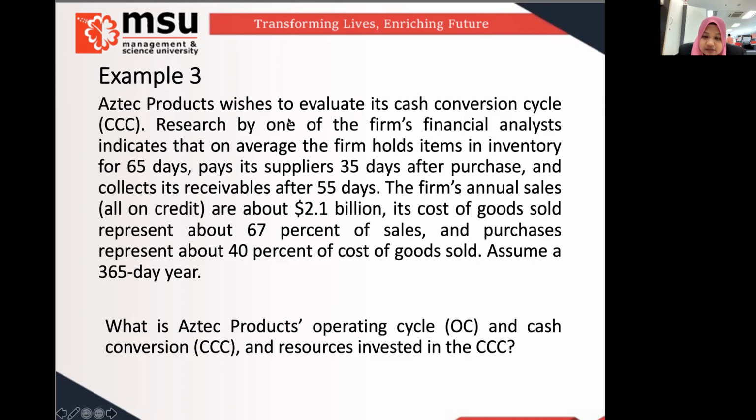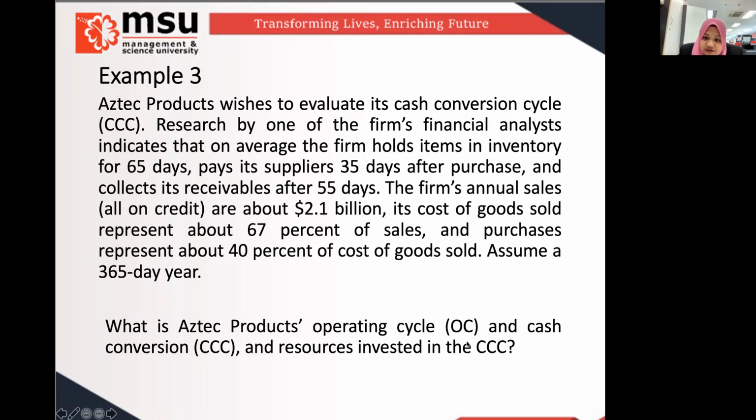Okay, average collection period. Okay, so the firm's annual sales on credit about 2.1 billion. Its cost of goods sold represents 67% of sales and purchases represent 40% of cost of goods. So assume that it is 365 days per year.